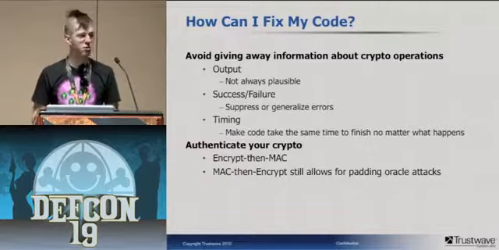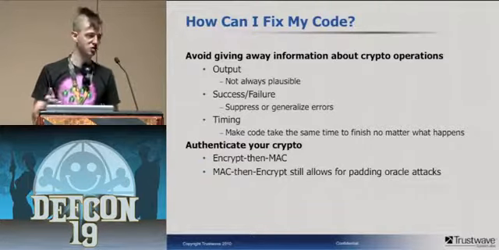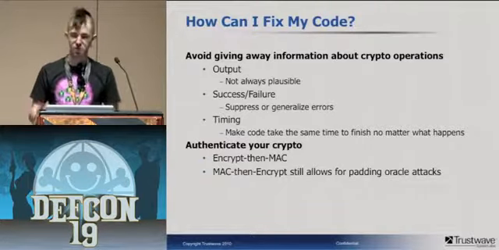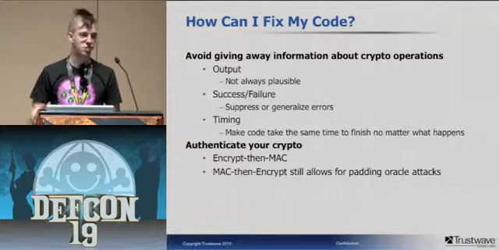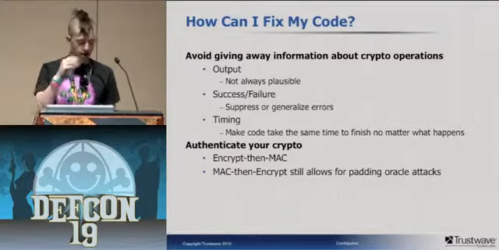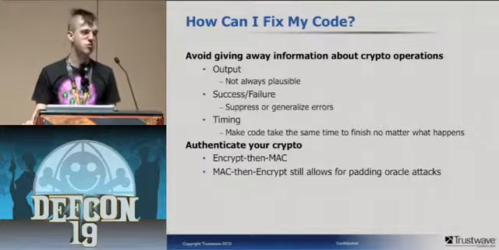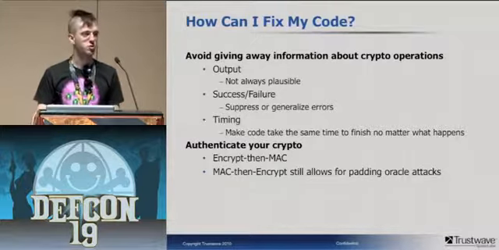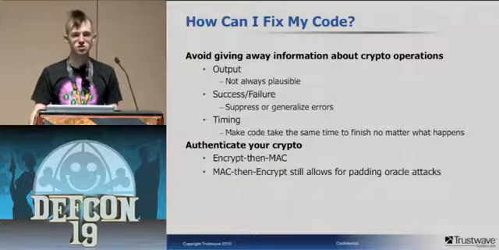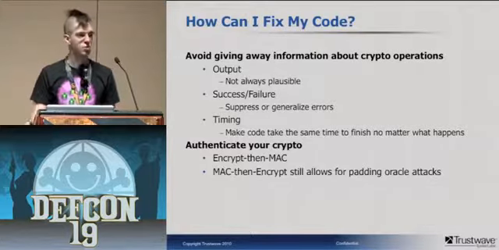Also, authenticating your crypto is a good idea. Encryption is good, but if people can fiddle around with the message and end up with a valid ciphertext, it will still be subject to whatever operation it was going through before. And in some cases, it doesn't matter what the plain text actually is.